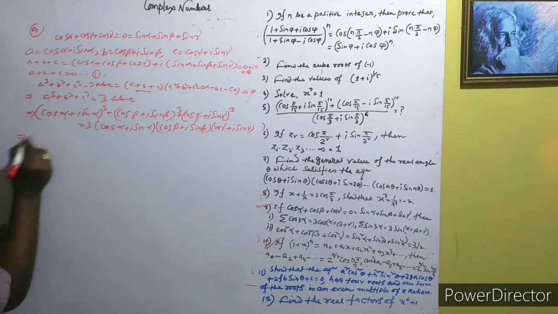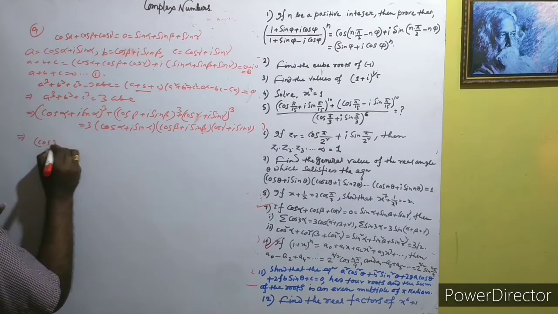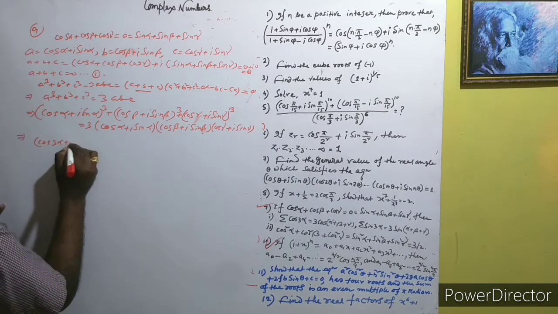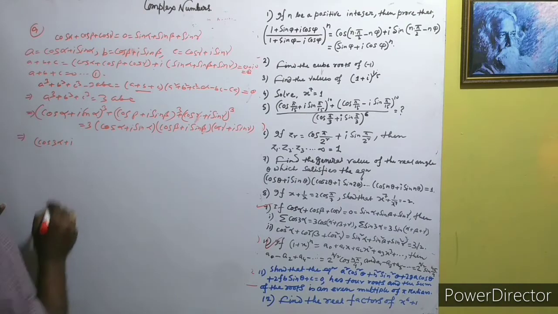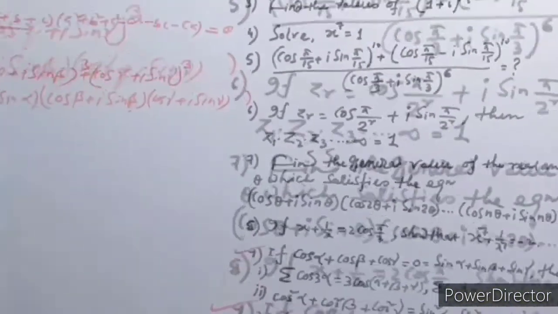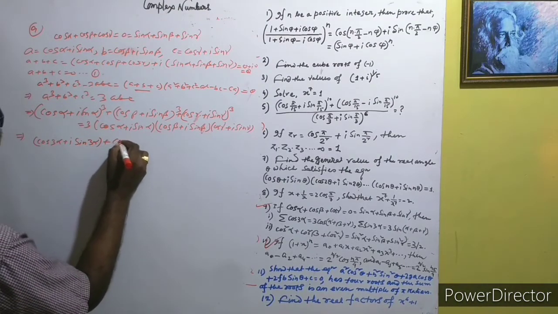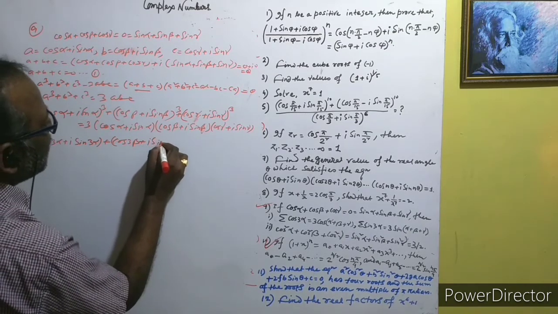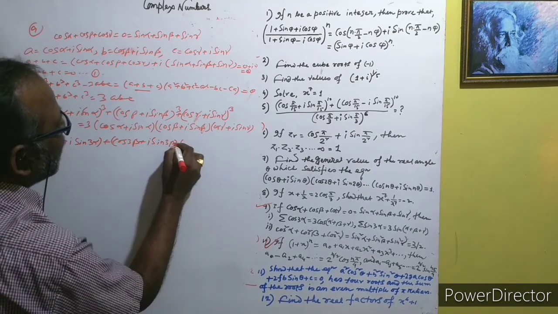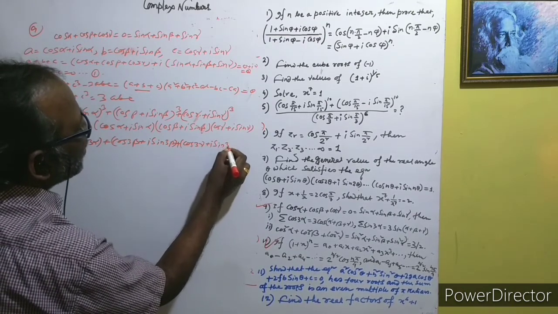On the left hand side, we have cos 3 alpha plus i sin 3 alpha, plus cos 3 beta plus i sin 3 beta, plus cos 3 gamma plus i sin 3 gamma.